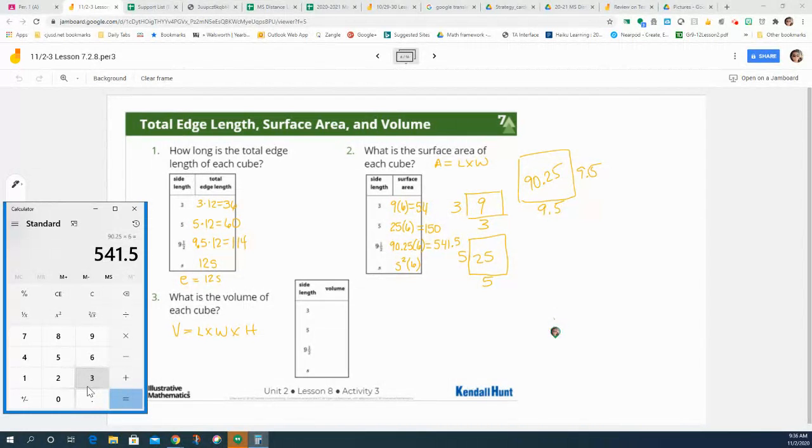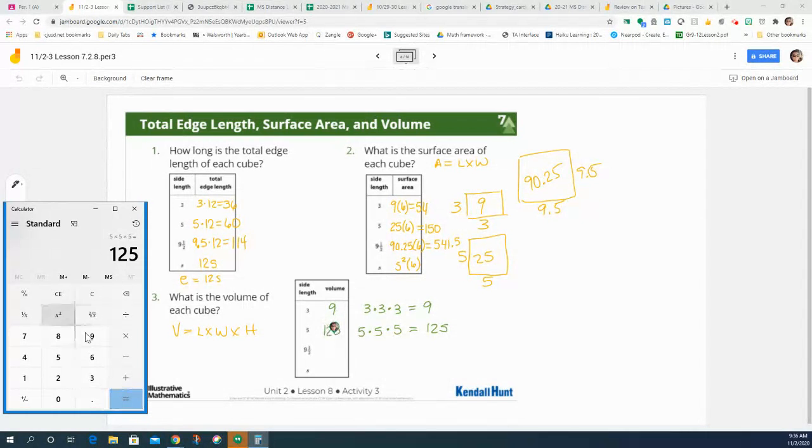So it's 3 times 3 times 3, and we get 27. Okay, so the volume is going to be 27. The next one, 5 times 5 times 5, is going to be 125.